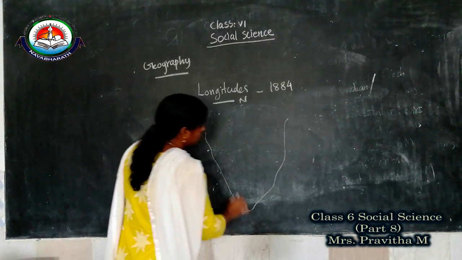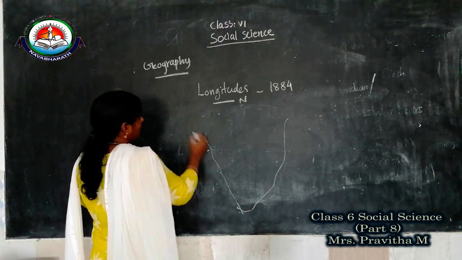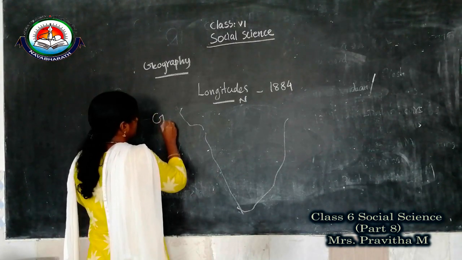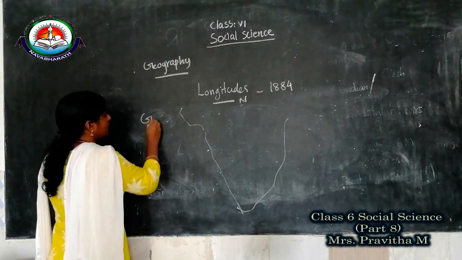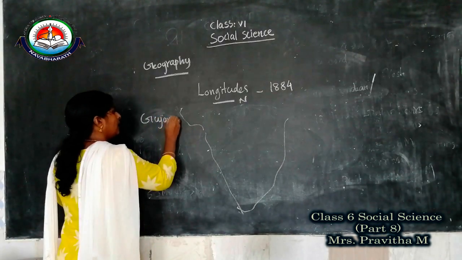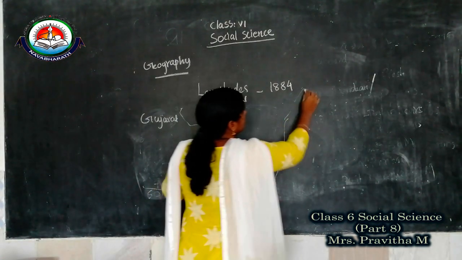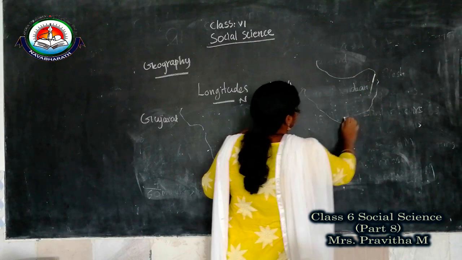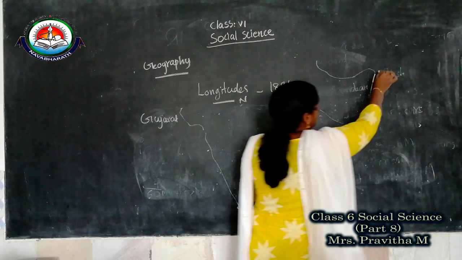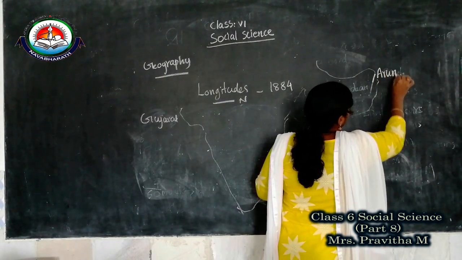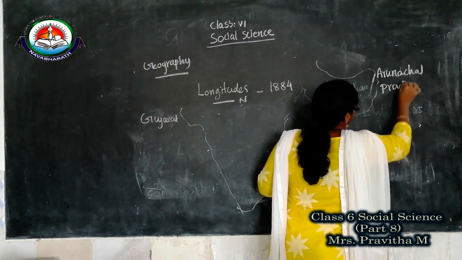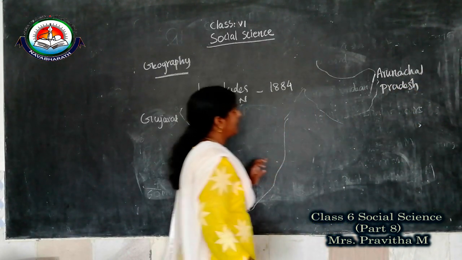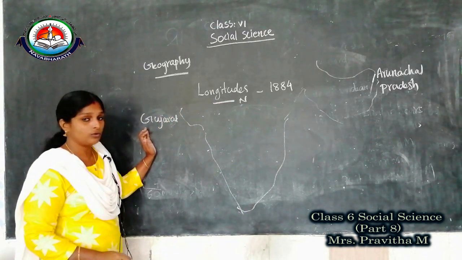In India, many longitudes are there. This area is Gujarat, this side of India. Then at this end are the seven northeastern states, and this area is Arunachal Pradesh, the eastern end. So many longitudes are passing through India.